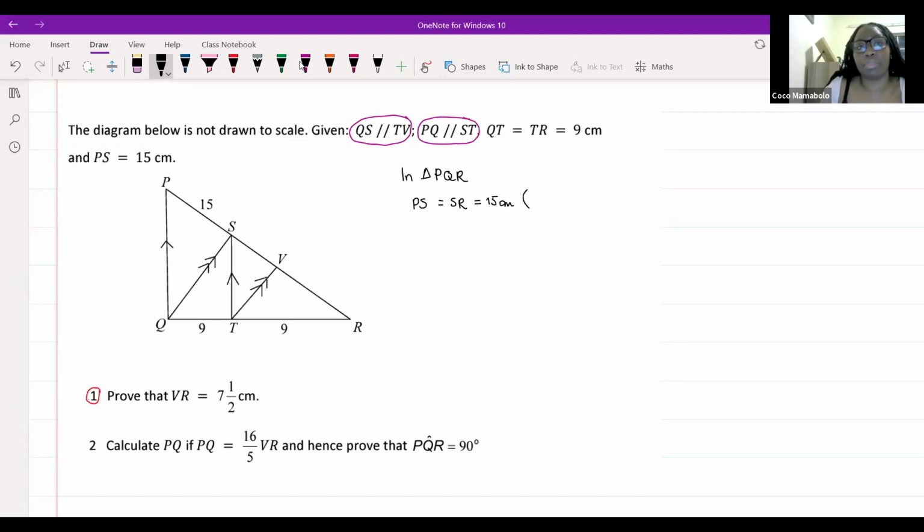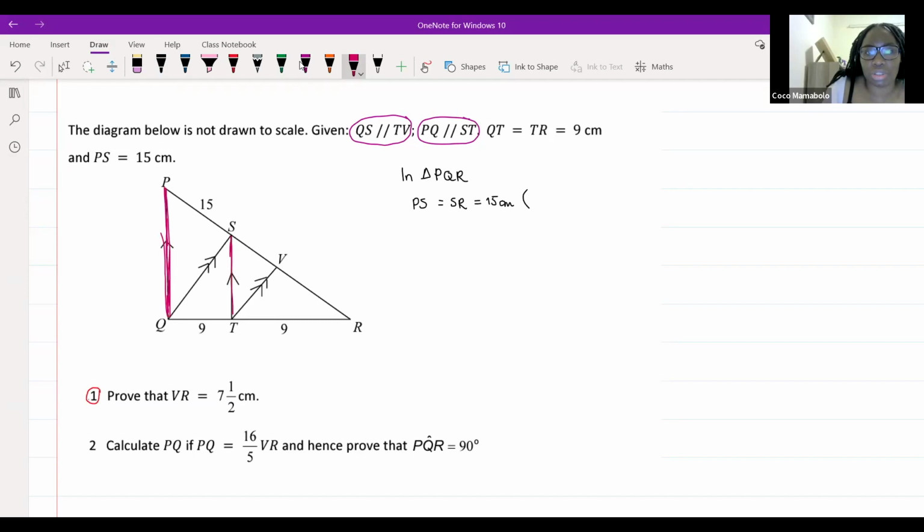I'm working in the big triangle. Which side is PQ parallel to? To ST, correct.